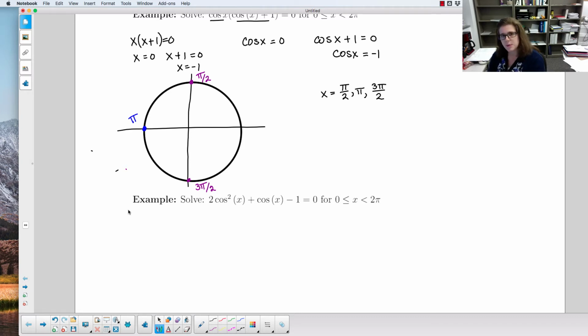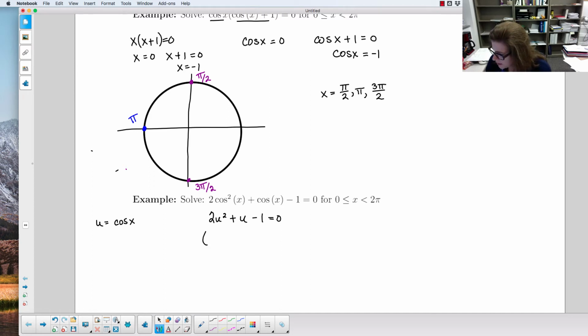So you can re-express it as a variable instead. So if I were to let u equal cosine of x, then what I can re-express it as is 2u squared plus u minus 1 is equal to 0, and then I can factor it.